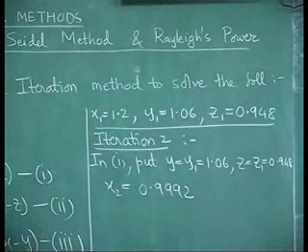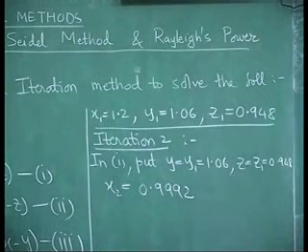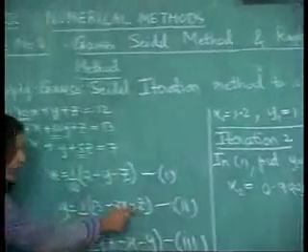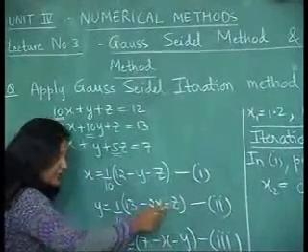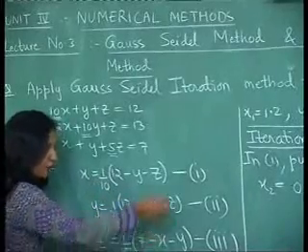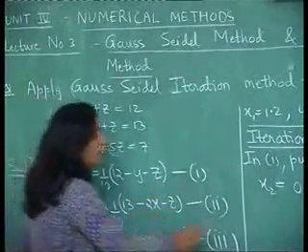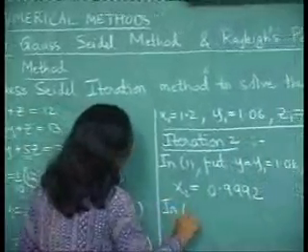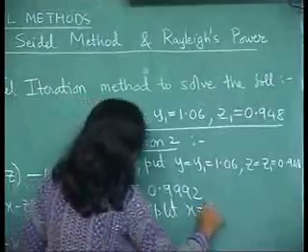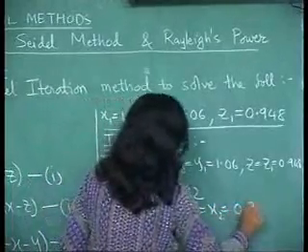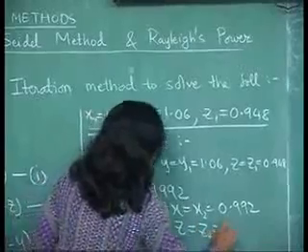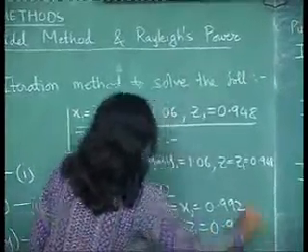Now go to the next equation. The unknowns on the right hand side in equation 2 are x and z, and the latest available value for x is x2, for z it is z1. So in equation 2, put x equal to x2, which is 0.992, and put z equal to z1, which is 0.948.